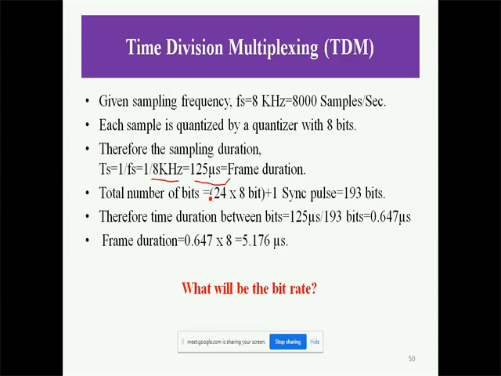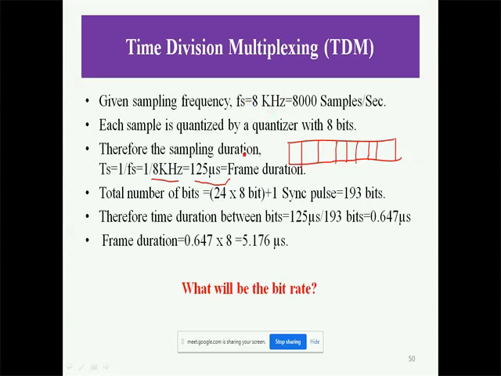If we use a 4-bit quantizer, then each message frame has only 4 bits. As we have an 8-bit quantizer here, we have 8 bits: 1, 2, 3, 4, 5, 6, 7, 8.